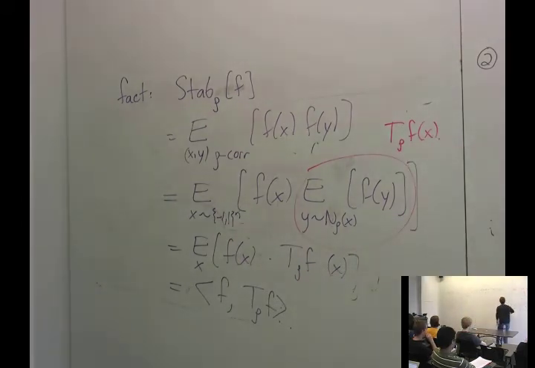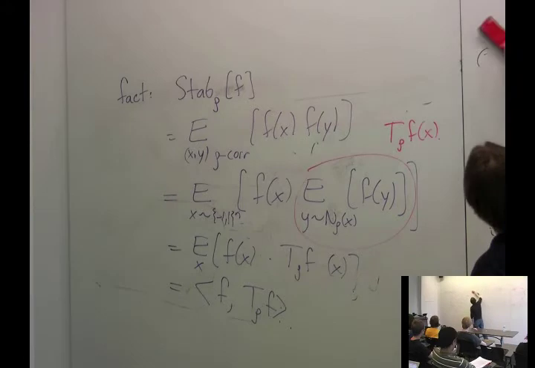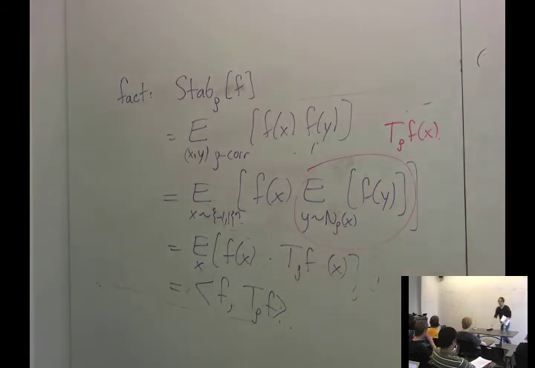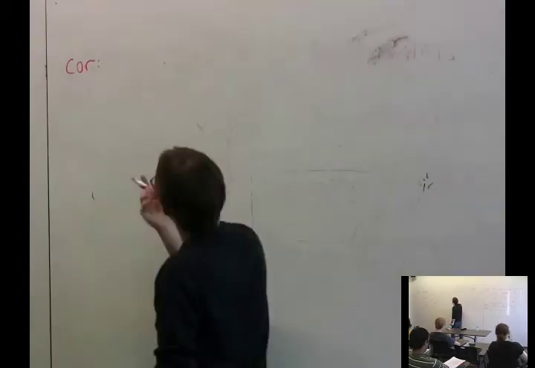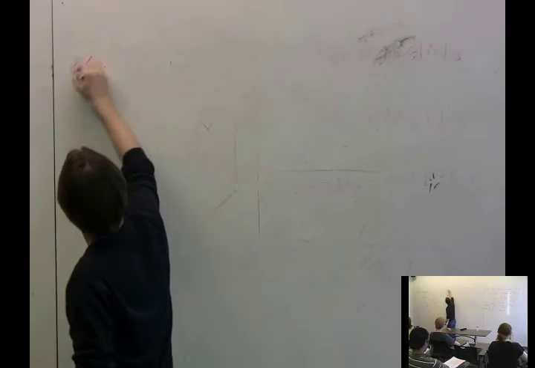So whenever you have the correlation of two functions, or their inner product, I should say, you can use Plancherel's formula on that. Let me just continue the calculation.